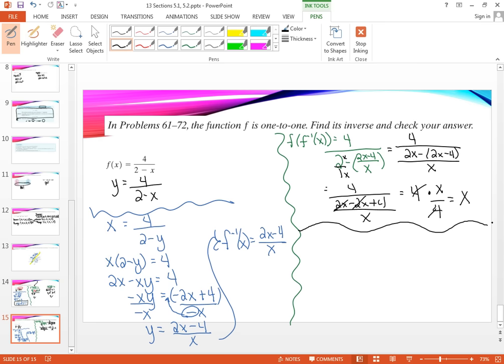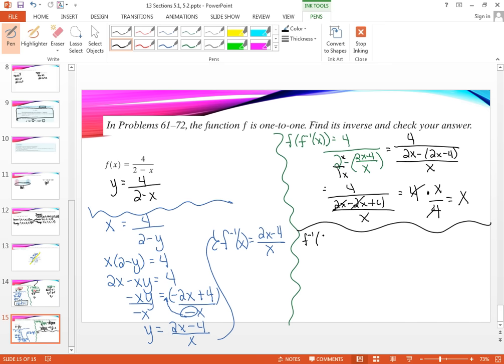And let's go the other way. You've got to do it both ways. So now we need to do f inverse of f of x. Okay. So this time use the 2 times something minus 4 over something as your pattern. Plug in the 4 over 2 minus x and clean it up.